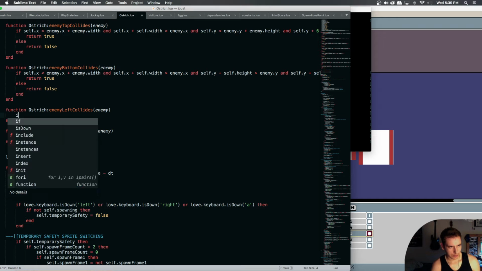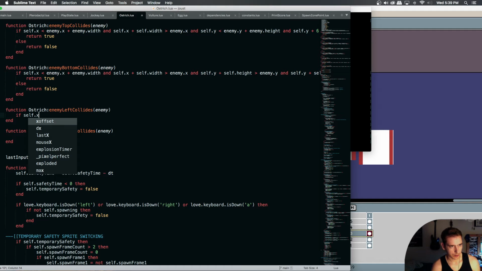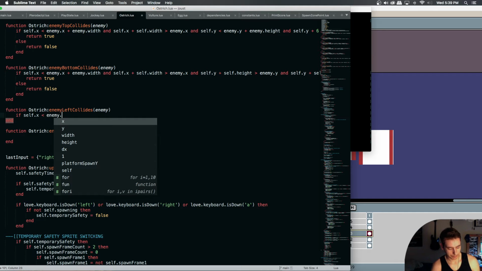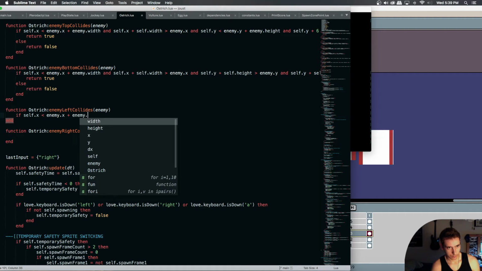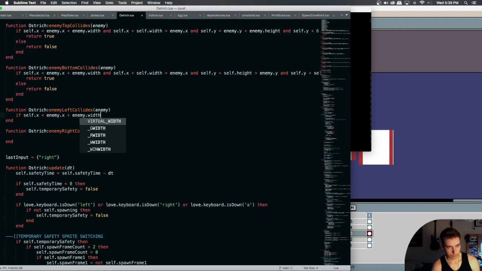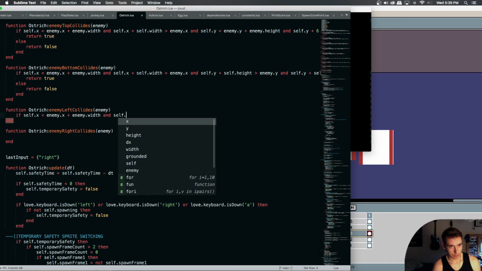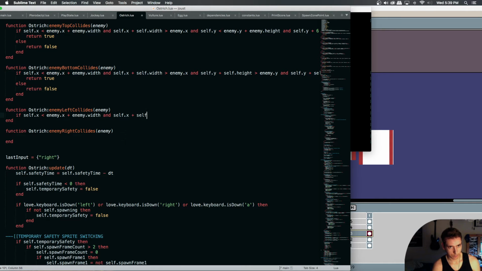Let's do it if the left side of our ostrich is smaller than the rightmost side of our enemy, and the right side of our ostrich is greater than the leftmost side of our enemy.